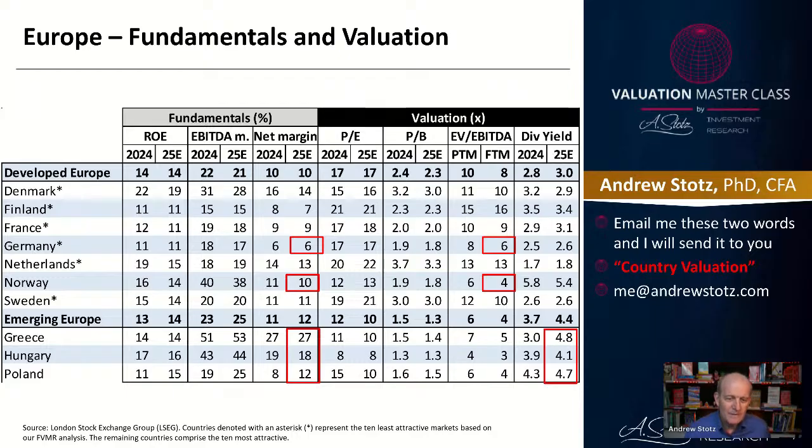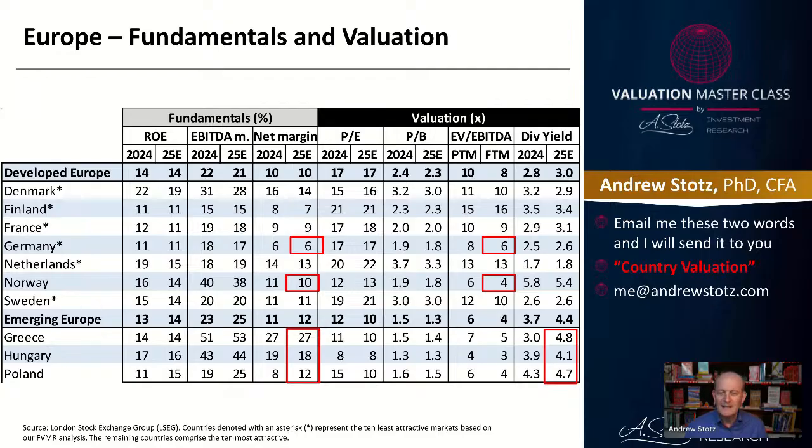In emerging Europe, you have, in addition, a very strong net margin of 27, 18, and 12. Now, you may ask me, Andrew, why is emerging Europe's net margin 12 on average when the 3 countries in it have 12 or above? Well, that's because I deleted a bunch of countries, right? Because I'm only focusing on the top and bottom 10 rather than all 41 countries. So the average is actually correct.